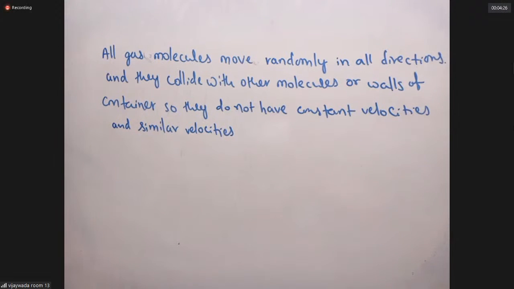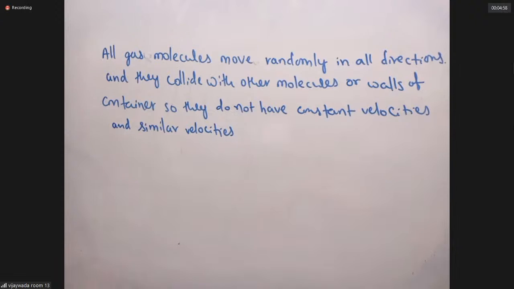In last class, we studied Maxwell Boltzmann distribution curves. According to that concept, it shows how velocities of gas molecules are distributed among those gas molecules at a particular temperature.